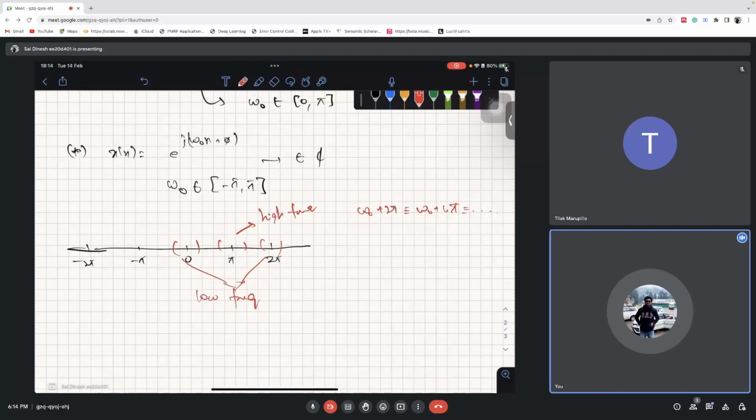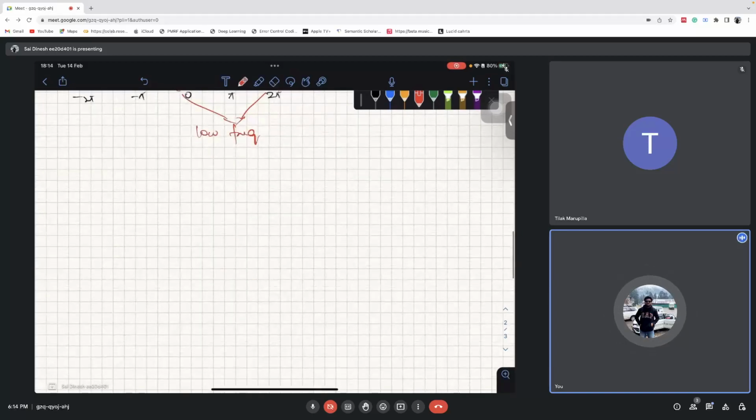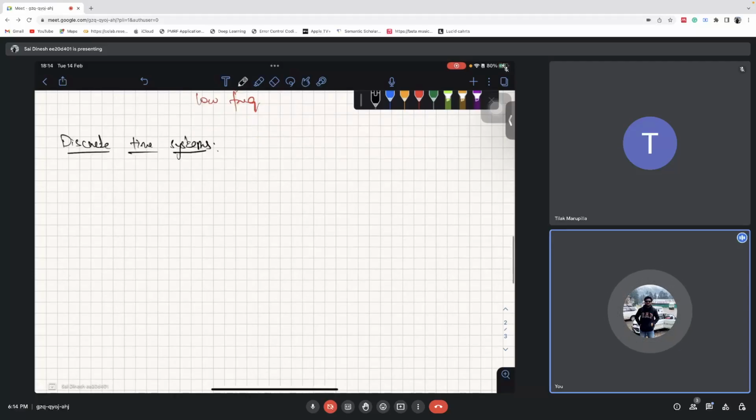Next we talk about discrete time systems. For the notation, we will use a signal x of n passed through a system, and then we receive a signal y of n.